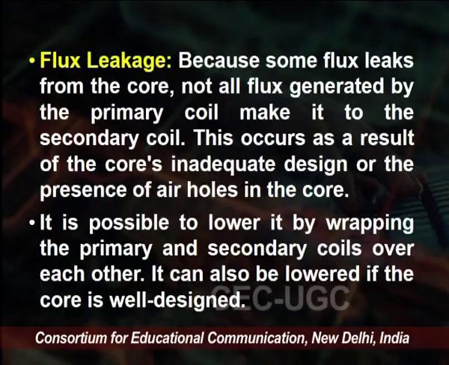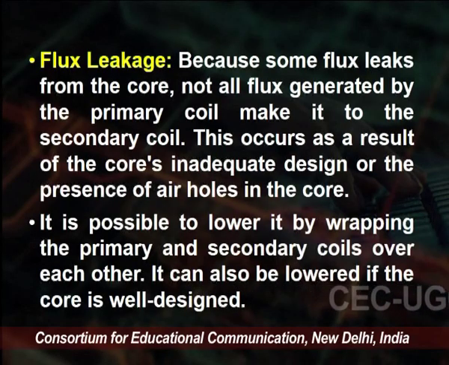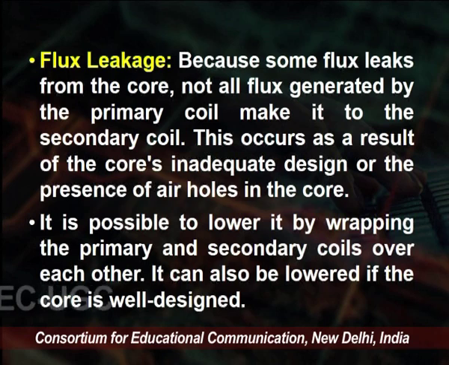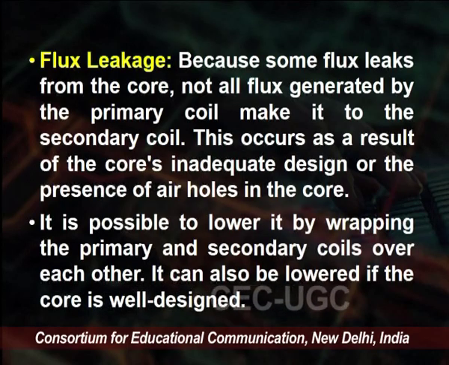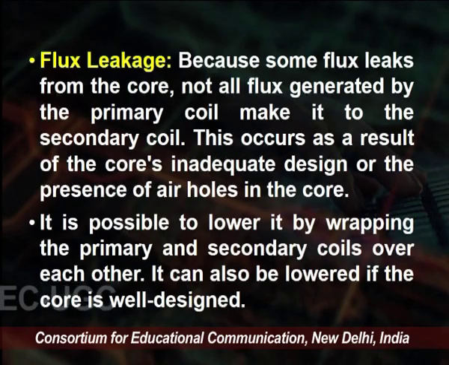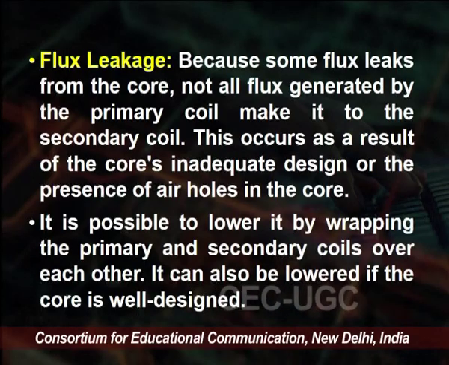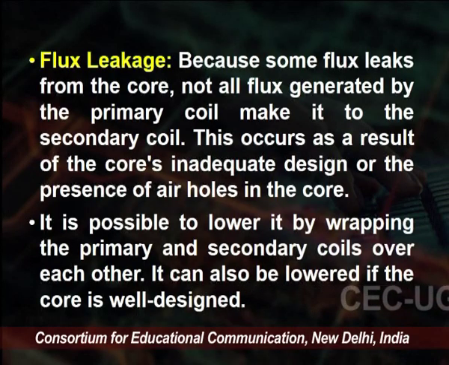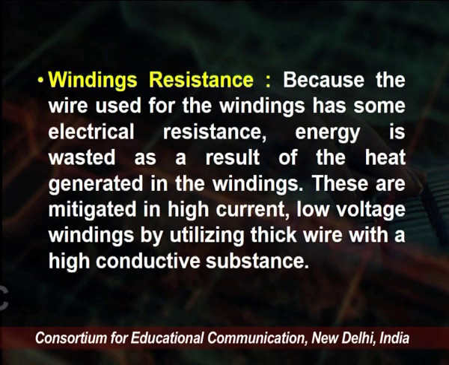Some flux leaks from the core, so not all the flux generated by the primary coil makes it to the secondary coil. This occurs as a result of the coil's inadequate design or the presence of air holes in the core. It is possible to lower it by wrapping the primary and secondary coils over each other. It can also be lowered if the core is well designed.